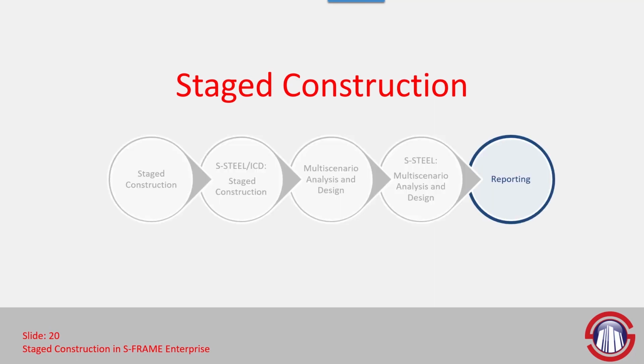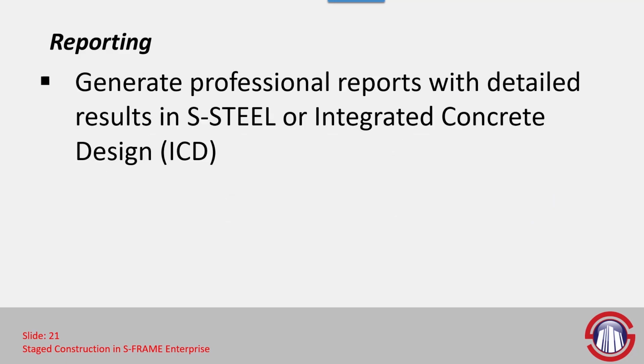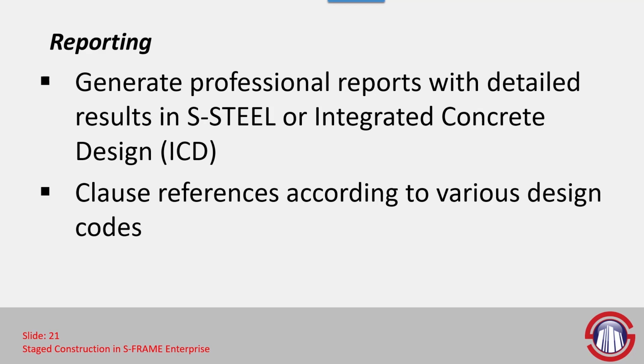And finally, the reporting. With integrated steel design, or ICD, you can generate professional looking reports with detailed results. You'll also have the clause references available according to the design code you are using.